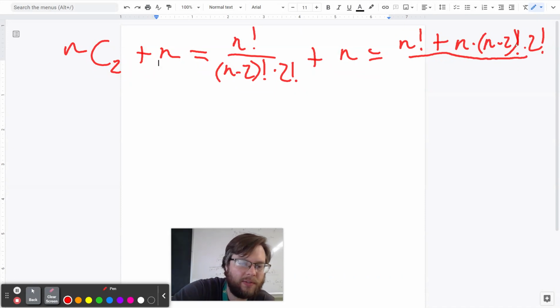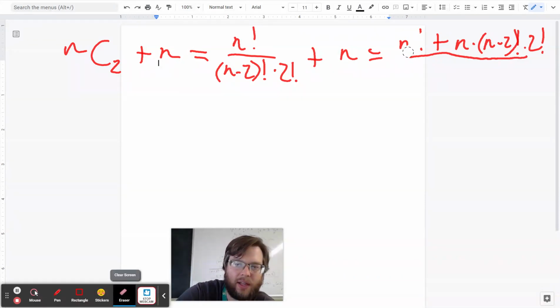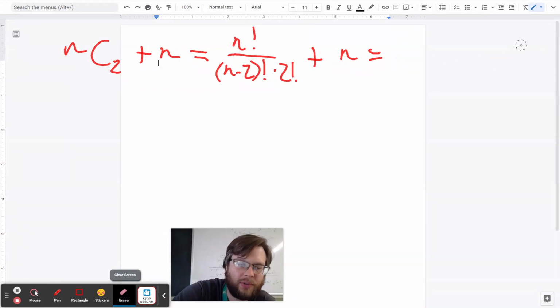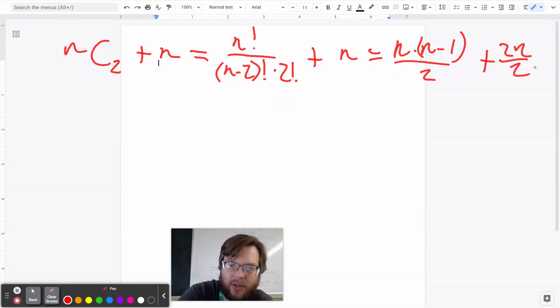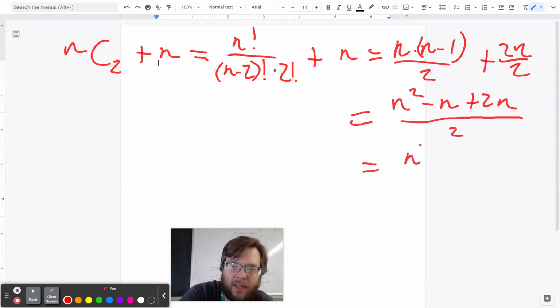Actually, before I cancel that out, I'm going to simplify the first piece quite a bit first. So the first piece here simplifies to be n times n minus 1 over 2 plus n. Now it's a lot easier to make a common denominator of 2n over 2. That makes n squared minus n plus 2n over 2. That makes n squared plus n over 2.